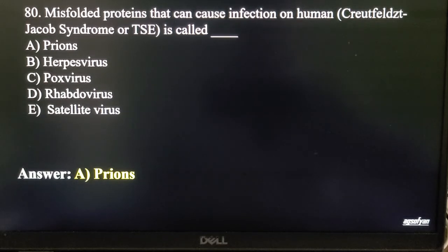The way it is usually transmitted is by eating the contaminated brain tissue of animals. So the only way to avoid this is by avoiding eating the contaminated brain of animals. Do not eat, for example, the brain of a cow that has mad cow disease, because that can be transferred to the human brain, to us.